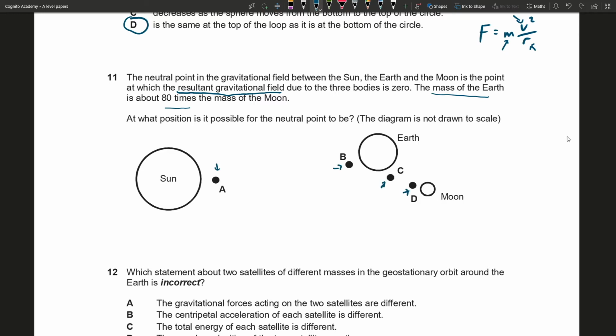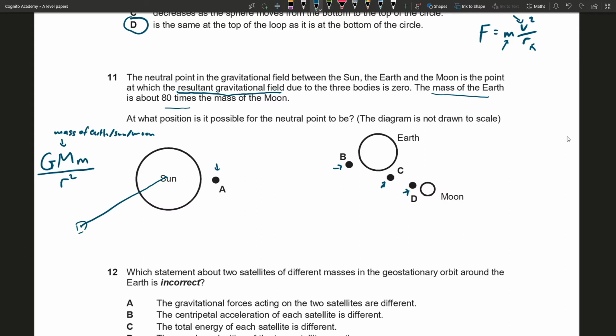So what we want to do is first recall that the gravitational field strength is G big M over r squared, where big M is the mass of our body, like the mass of our Sun or the mass of our Earth or the Moon. The gravitational force is G big M m over r squared, where r is the distance between the object and the center of the body.